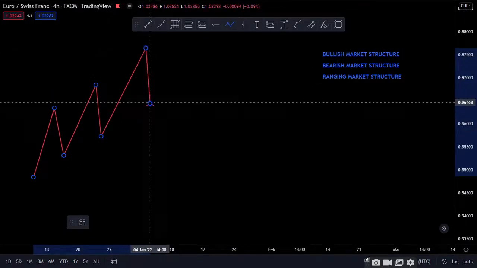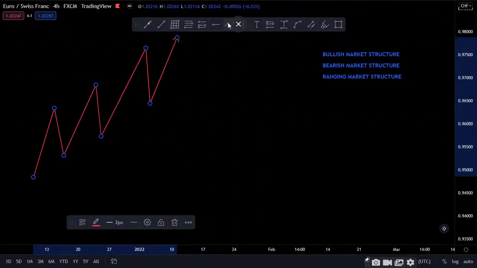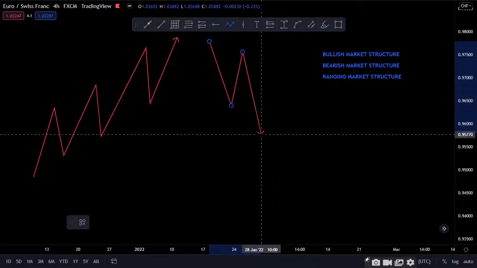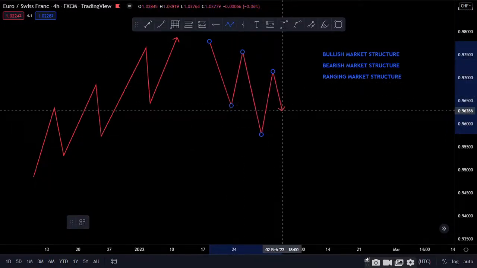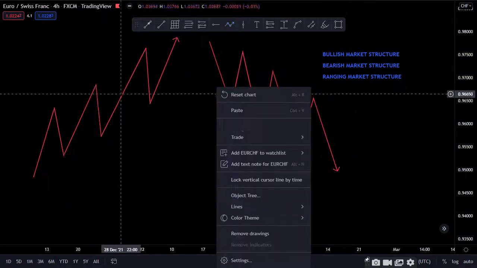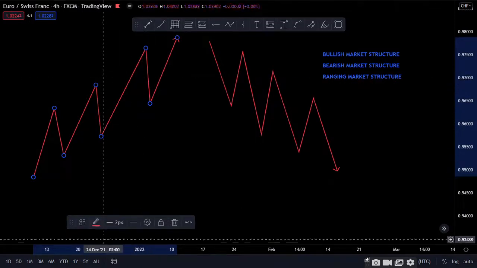Good. And this is how bearish market structure moves. Now let me make the bullish one green so that we can differentiate them.